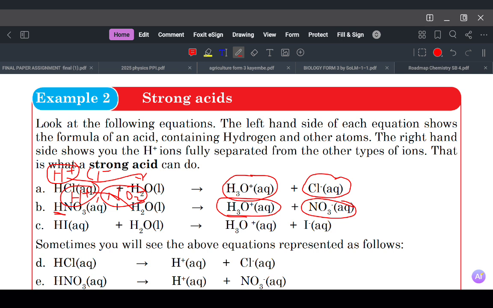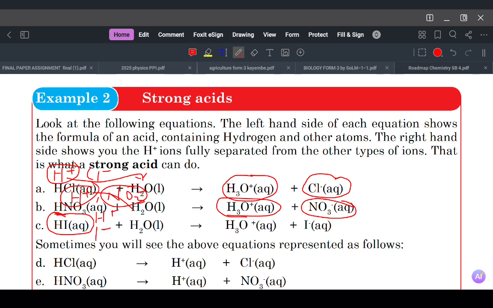Therefore, examples of strong acids are hydrochloric acid, HCl, nitric acid, HNO3, as well as hydrogen iodide, which is also going to separate out into its ions. Hydrogen iodide has hydrogen ions and the iodide ion.